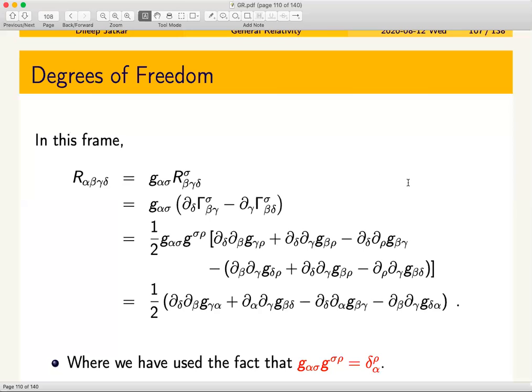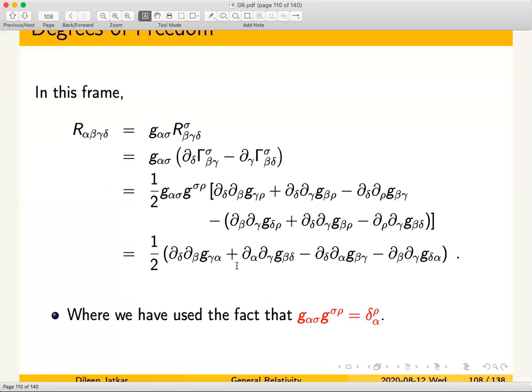One of the things that we did in the previous class was to look at the Riemann tensor, and we defined the covariant form of the Riemann tensor by pulling the contravariant index down. We showed that this Riemann tensor has the following properties. Of course, this form is written in a frame in which gamma is 0, but the derivative of gamma is not 0.